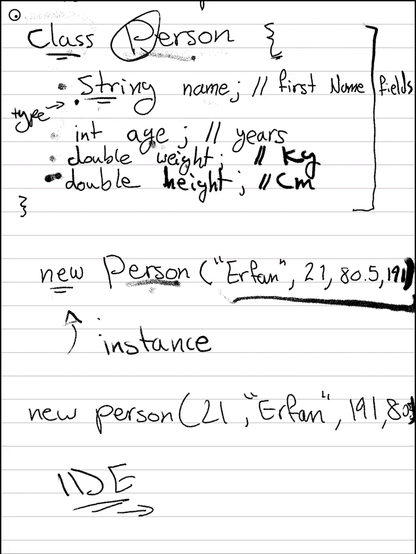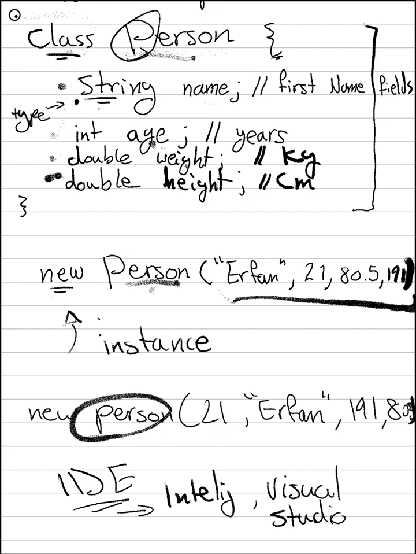So for example, it could be JetBrains IntelliJ, or Visual Studio, or whatever else that you're using, will complain and will say, I don't know what you're trying to do here, because the person class that I know about expects a string first. I don't know what to do with 21. And then afterwards, it expects an int, a number, and I don't know what to do with Irfan.